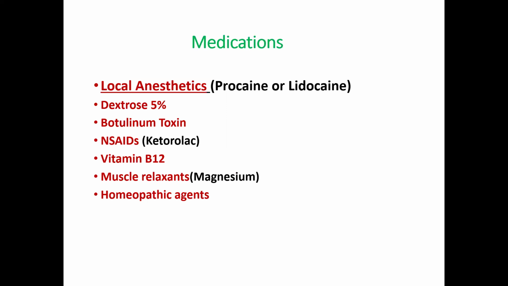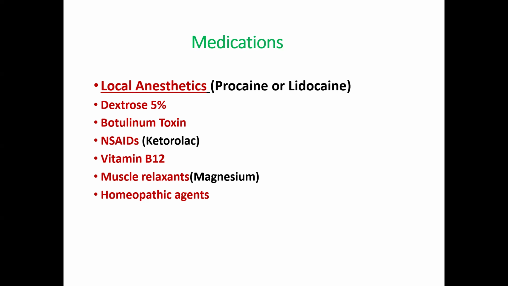Medications. The most important are the local anesthetics, and we use only short-acting local anesthetics, such as lidocaine or procaine. We do not use bupivacaine, guys, all right, because this can actually cause muscle damage. Dextrose 5% is extremely important, especially in the perineural therapy techniques developed by John Lyftogt.